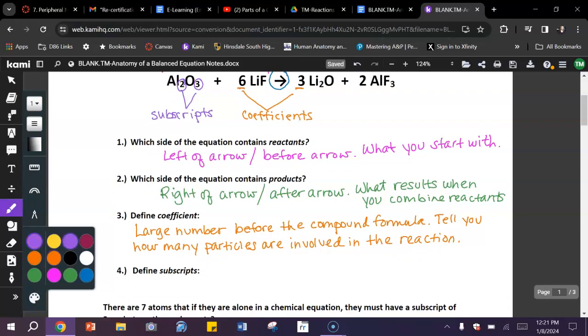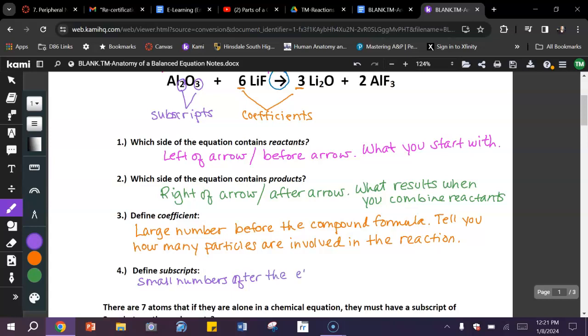Finally, the last bit are the subscripts. The subscripts are the small numbers that are found after, that should be an A, sorry, A-F-T-E-R, that are found after the element's symbol in a formula.